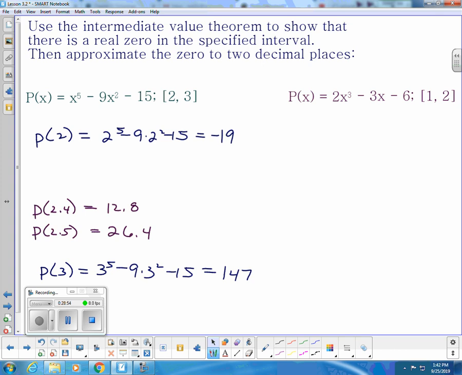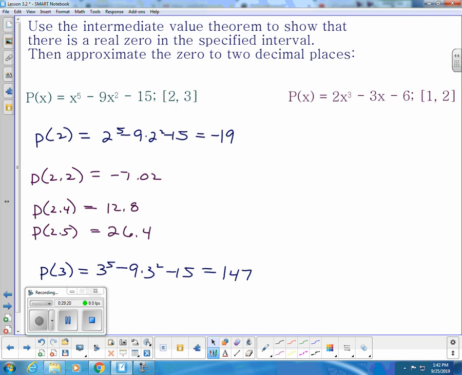Let's split the difference. What's p of 2.2? I think it's going to be a negative number. It's negative 7.02. So my zero is between 2.2 and 2.4.